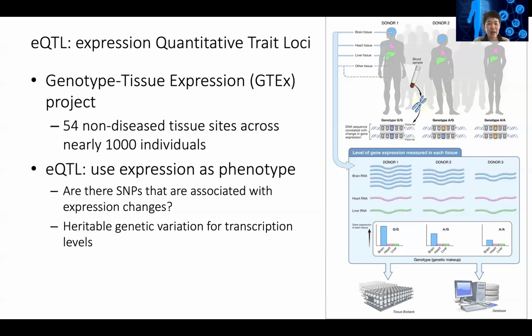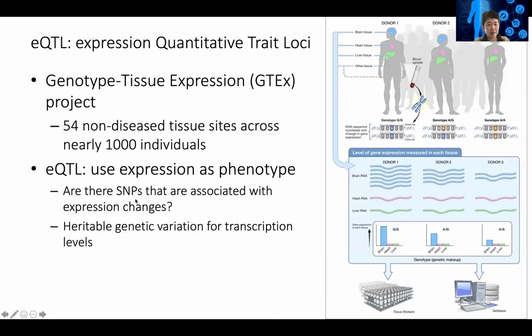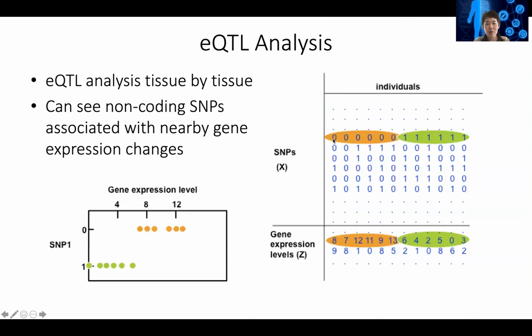What is the difference? The features are the SNPs. It turns out if they have these SNPs, the expression is much higher in, say, liver. But if they have another SNP, the expression of the nearby gene is much lower in liver. And so you can establish this association from something called expression quantitative trait loci.